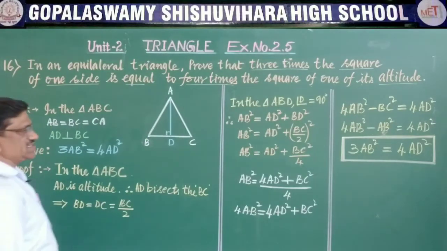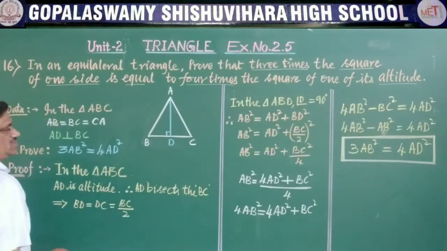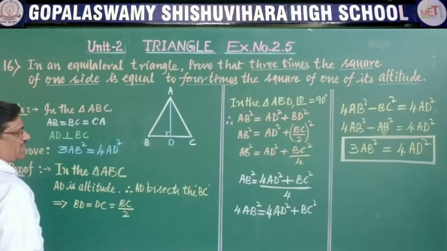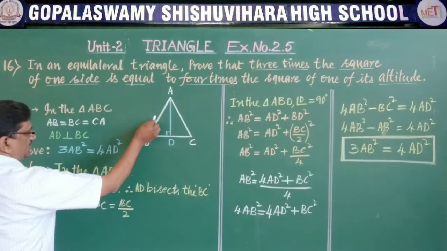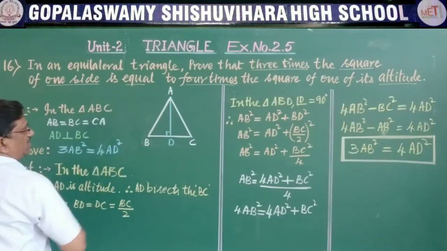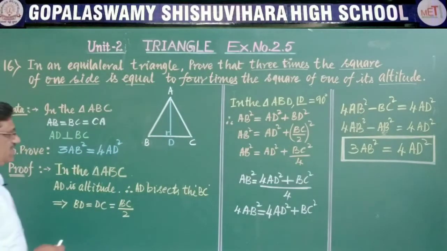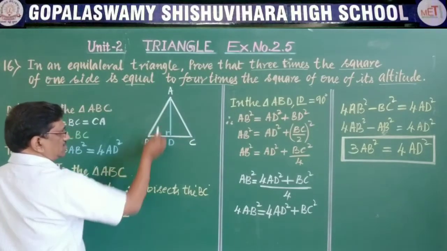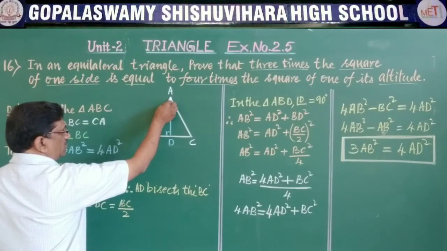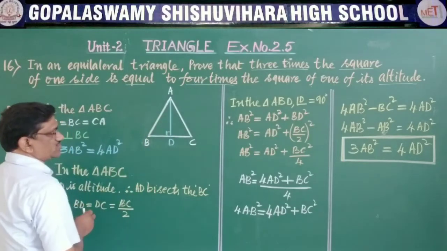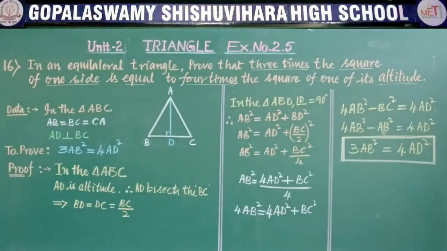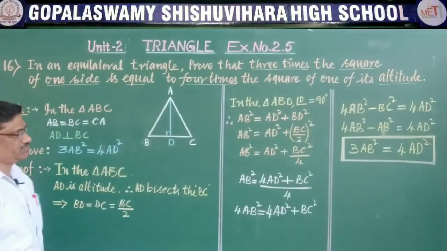We have to show that 3 times the square of one side out of these 3 sides AB, BC and CA, for example, 3 times AB square is equal to 4 times the square of the median, 4 times the square of the altitude AD. So this we have to prove.